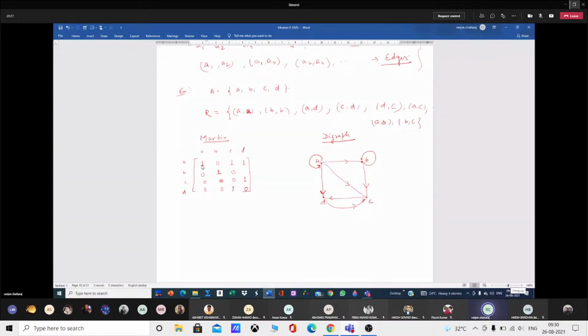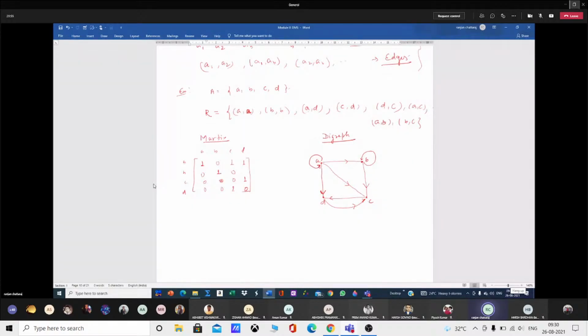In the diagram, A is related to A, so there is a loop over A. There is a loop on B, and we haven't any loop at the nodes C and D. That means it is not reflexive, because C is not related to C and D is not related to D.